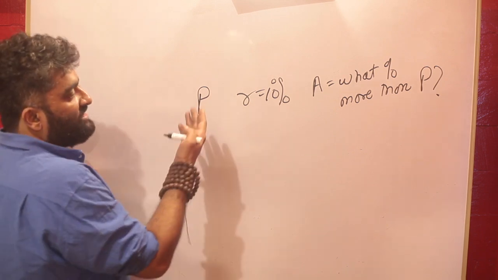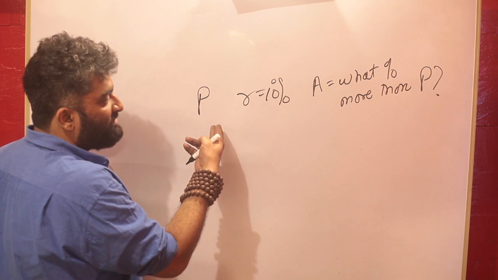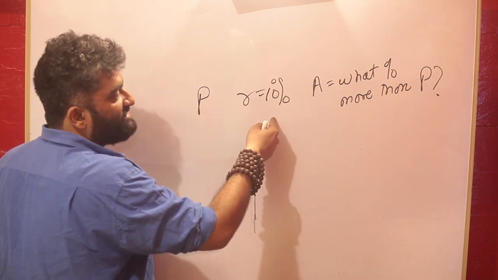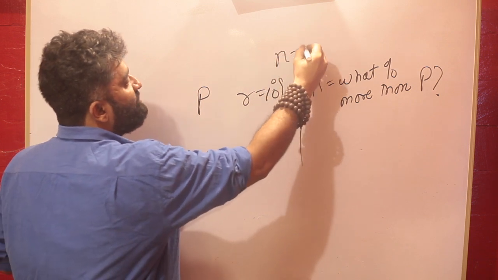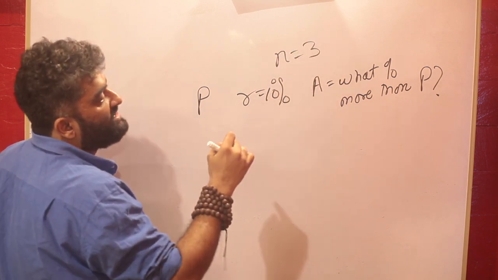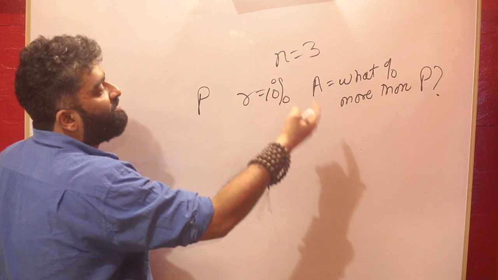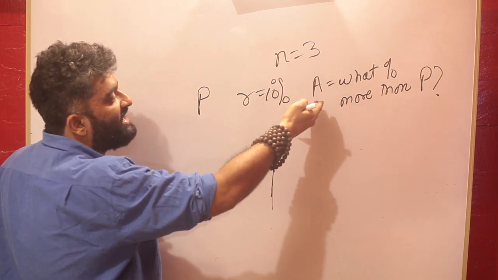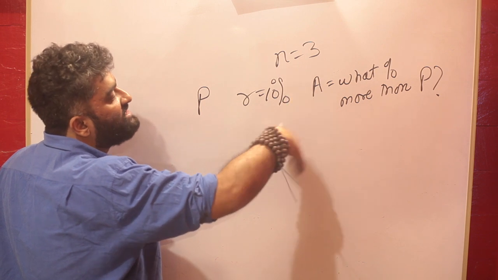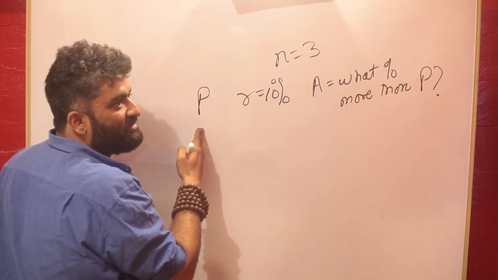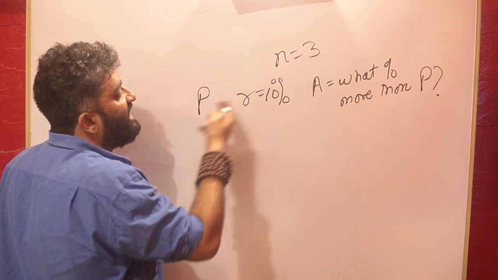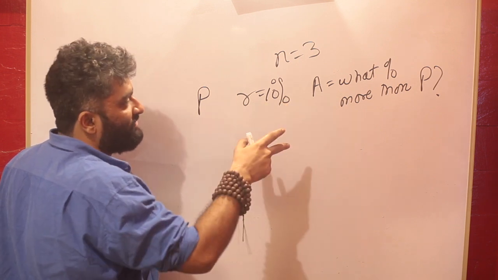The question is, there is some principal, doesn't even matter what the principal is, though the question might have some specific value. The rate is 10% and the time period is 3 years. The question is, amount is what percent more than the principal? That means after 3 years you would get some amount, and that amount is what percent more than the principal. So you're looking at the percentage relationship between A and P rather than the actual amount, right?